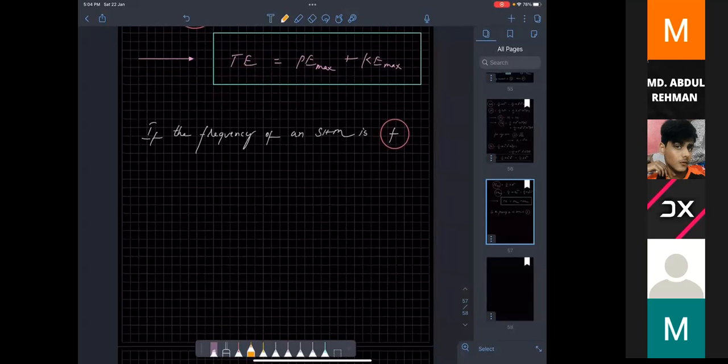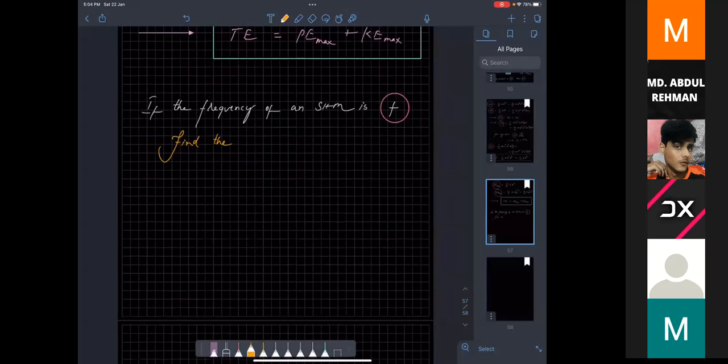So if the frequency of an SHM is F, what will be the frequency of kinetic energy and potential energy? Tell me how to do this. Is the sound audible? Yes.